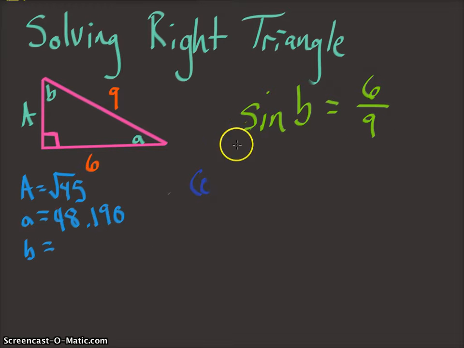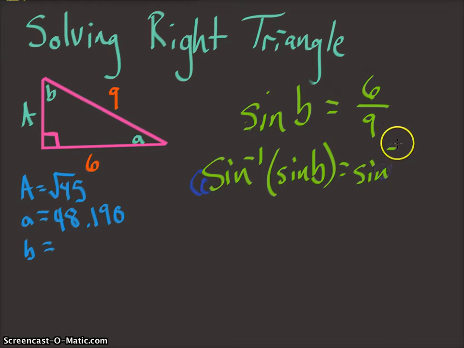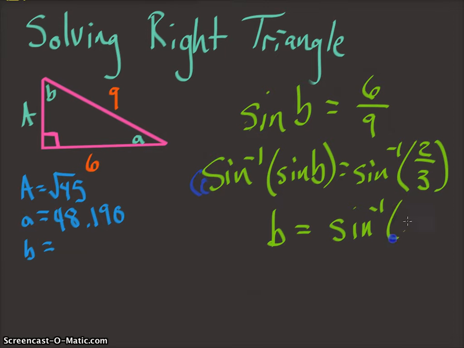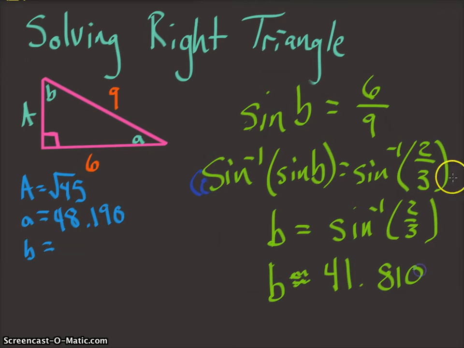Likewise to how we just solved for angle A, we're going to need an inverse. So I'm going to write sine inverse of sine of B equals sine inverse of 6/9, or 2/3. Anything you do to one side you must do to the other. Then we are left with B equals the sine inverse of 2/3, and we'll find that B is approximately 41.810.